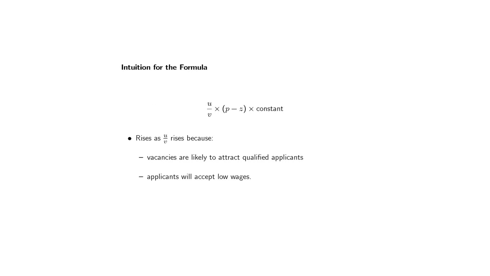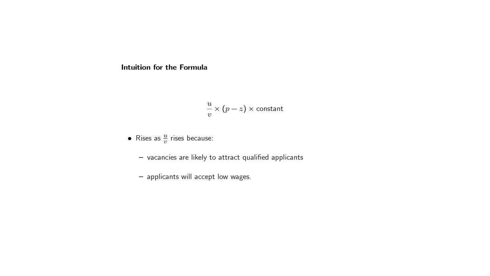Now, why does it rise as P rises? Well, as the workers generate more output, the job is more valuable, and so there are more benefits to the firm to creating that job. At the same time, this is a little less intuitive. If you go back to the formula, there's P minus Z. So as Z goes up, the benefits of not working go up for the worker.